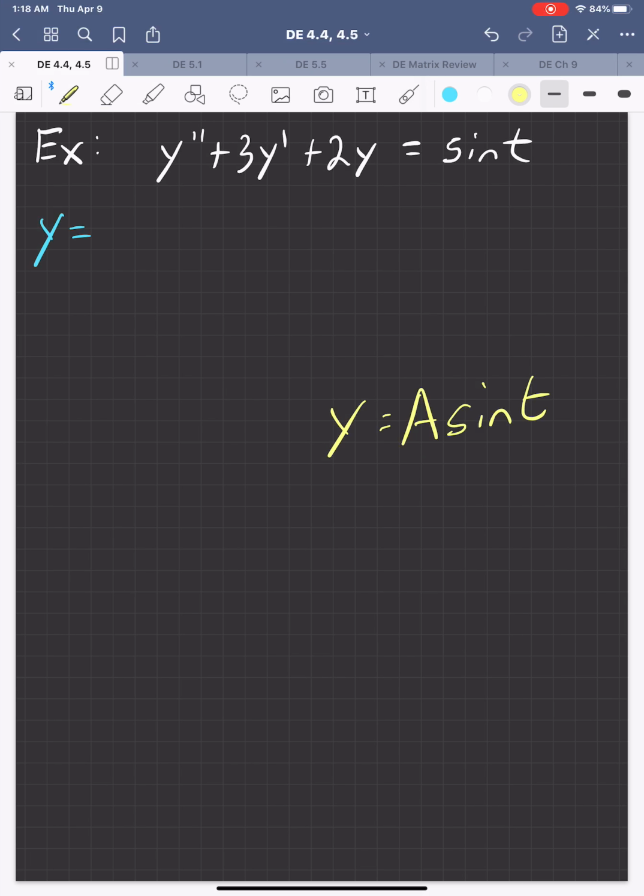Well, you got to think about, as soon as you start taking the derivatives of sines, you end up with cosines, right? So clearly we're going to need more than just a sine. In fact, let me go ahead and tell you what we are going to need.